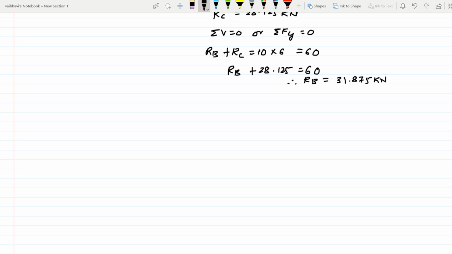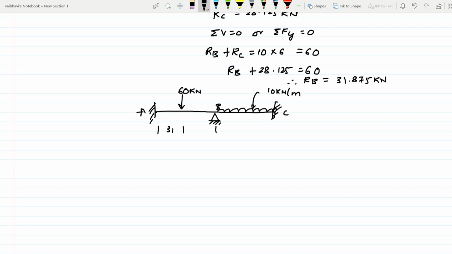So once we get these reactions, now we can draw the shear force diagram and bending moment diagram. Ten kilonewton per meter, 3 meter, 3 meter, it is 6 meters.